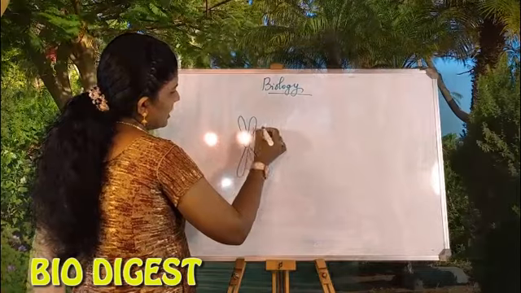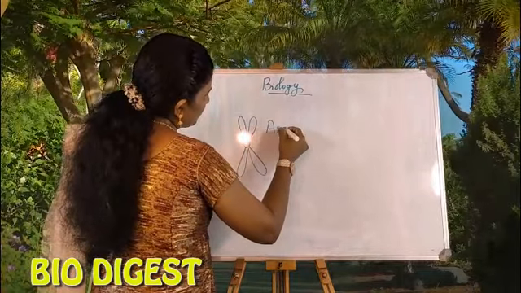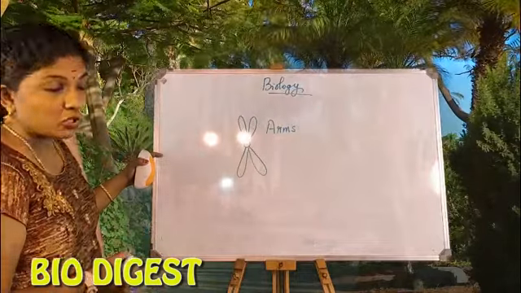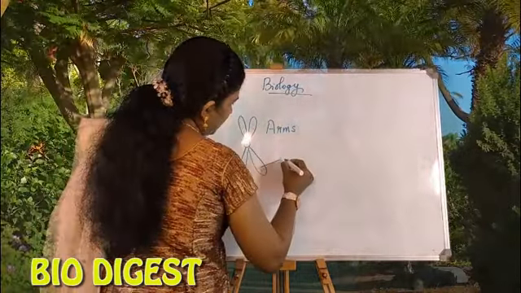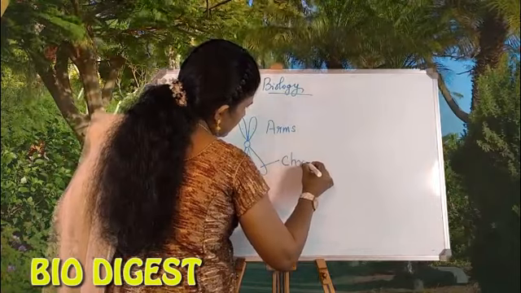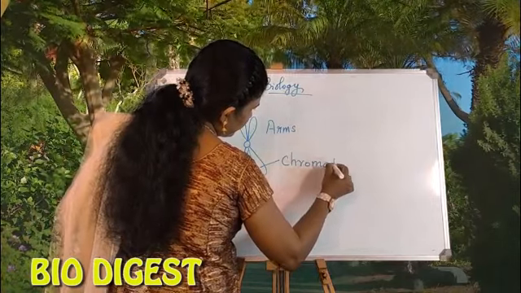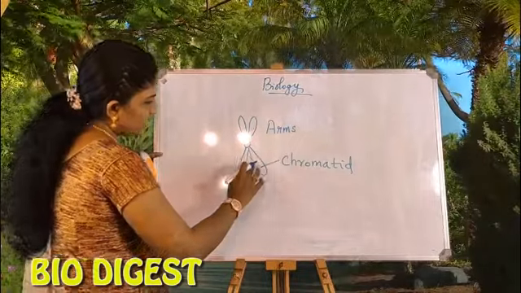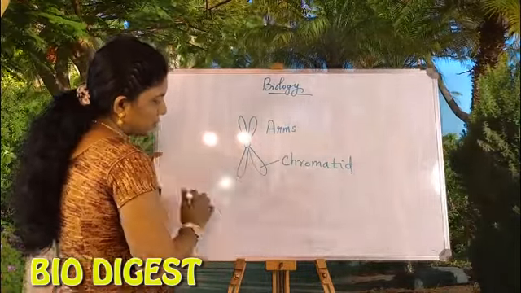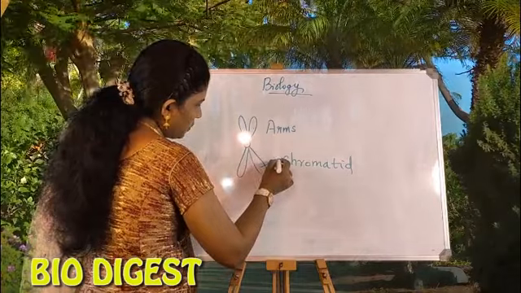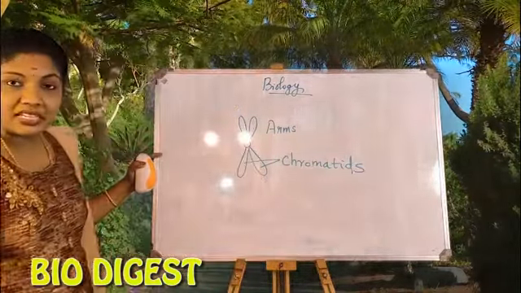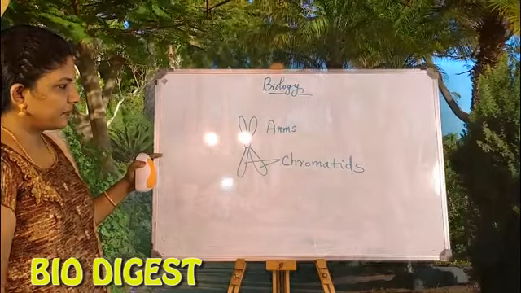These are called the arms of the chromosome. The arms of a chromosome have a name in biology. It is known as chromatid. So these chromosomes have two arms. If you are labeling both like this, you will use the plural form, that is chromatids.